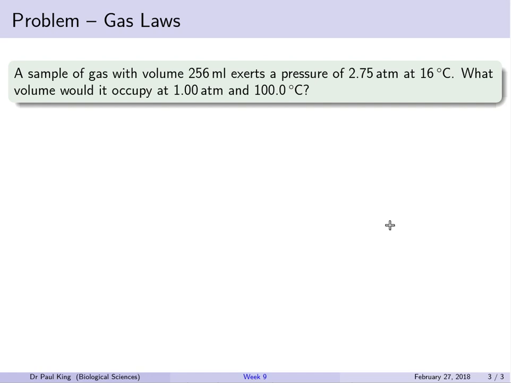Okay, in order to answer these types of problems, we first of all start off by noting down our combined gas law. P1 V1 over T1 is P2 V2 over T2.